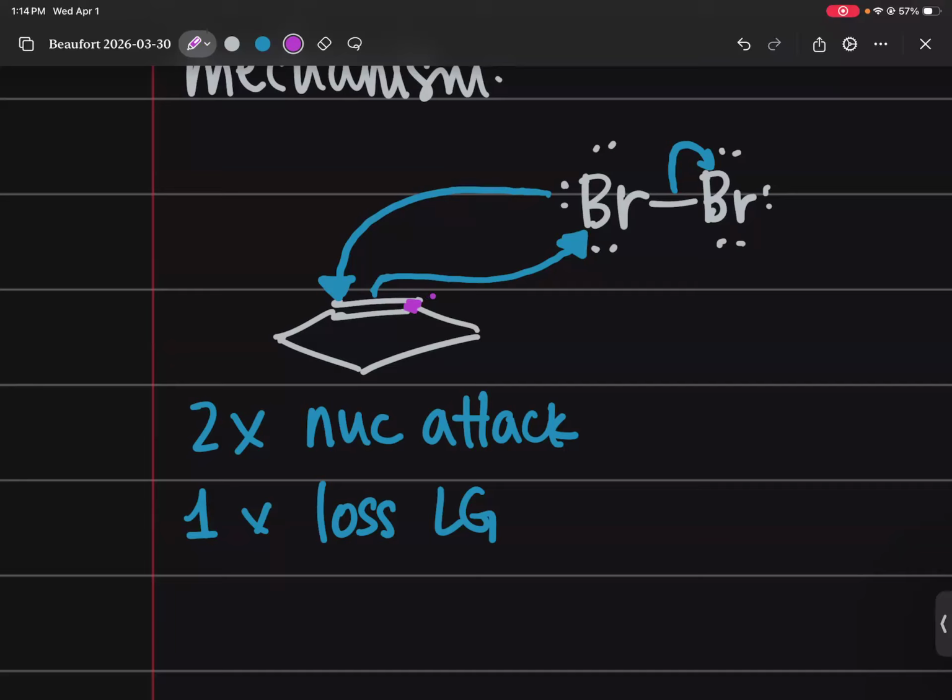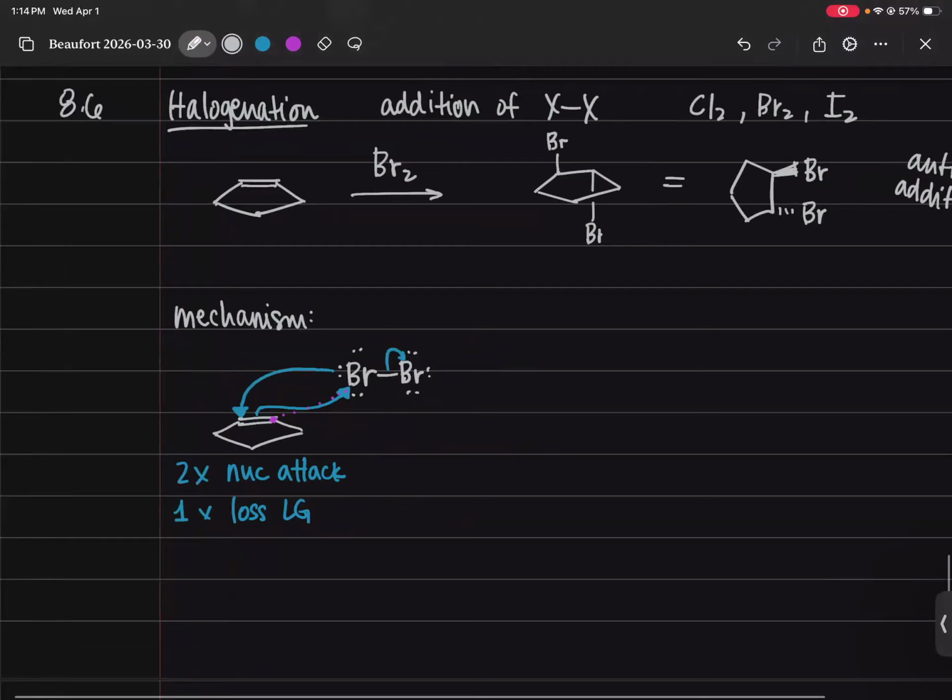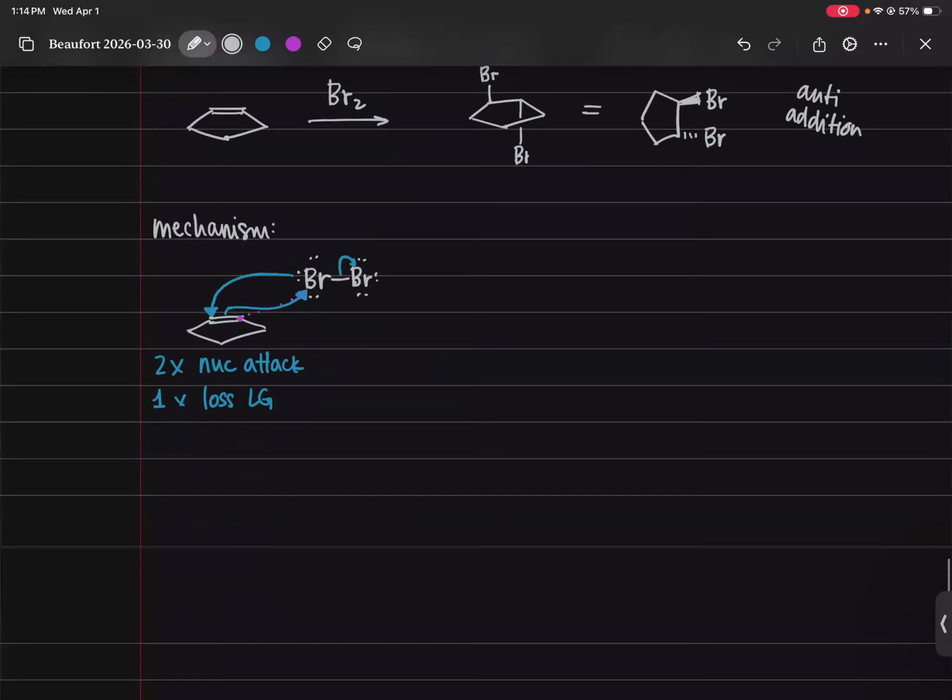So we're going to make that bond to the bromine. So what does the product of this look like? Bizarre.